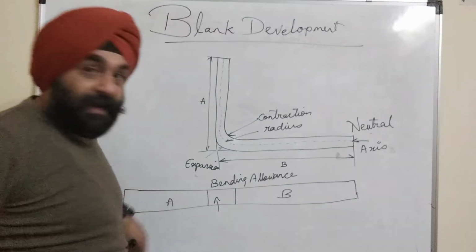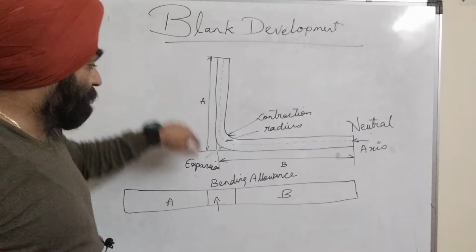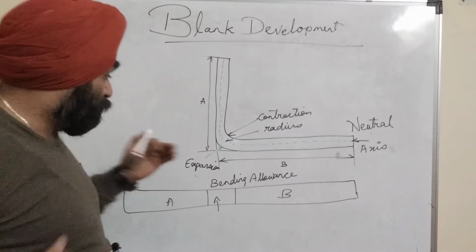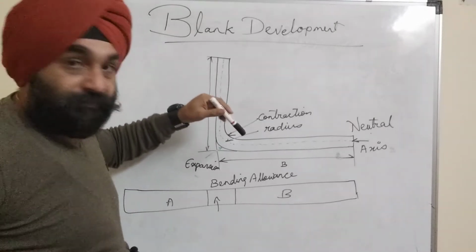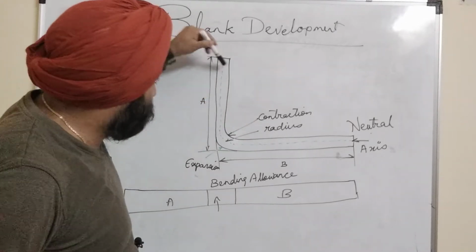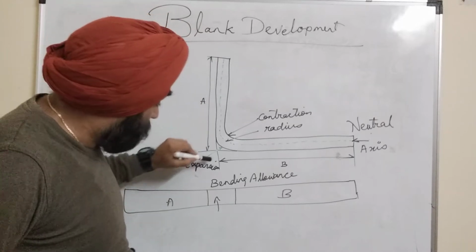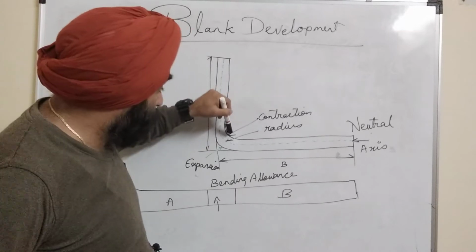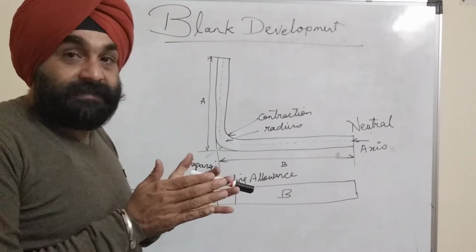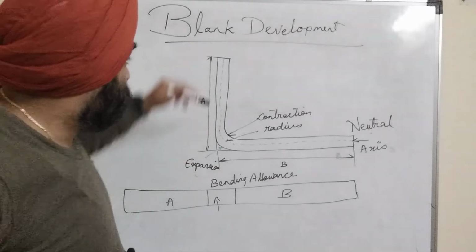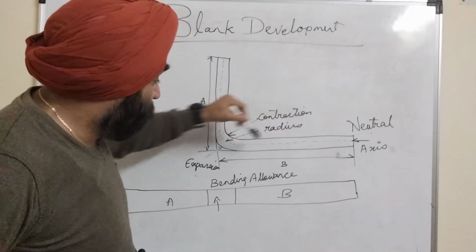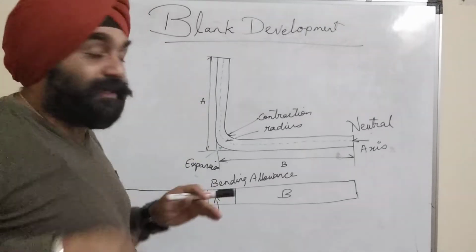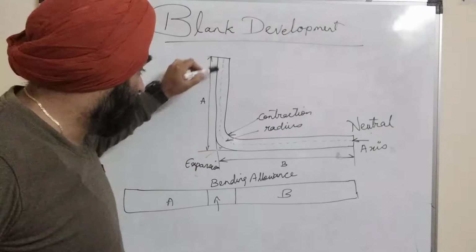So guys, I will show you, this is a 90 degrees bend. Whenever this sheet bends, the outer portion of the sheet expands and the inner portion of the sheet contracts, because of which there is one part of the sheet where there is no change in the size of the sheet.